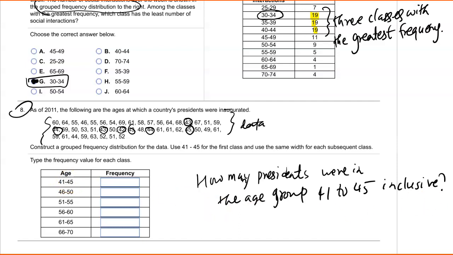And 44 here, and that's all. So we have 1, 2, 3, 4, 5, 6, 7, 8. So there are 8 data values between 41 to 45 inclusive. The frequency of this class is going to be 8.